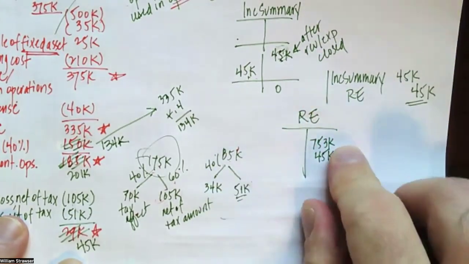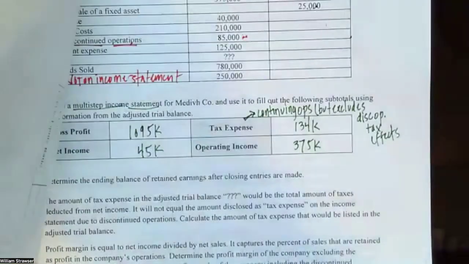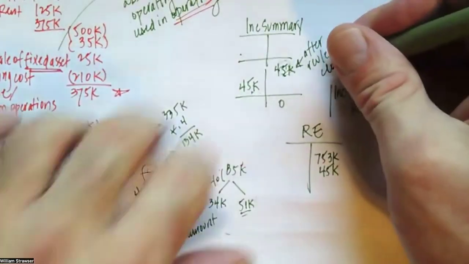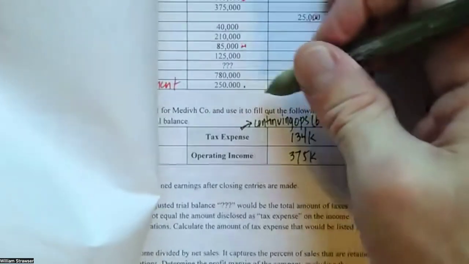So we're just shifting that income, adding it to retained earnings. And then our dividends would be closed by crediting dividends because it has a debit balance right now at 250,000 and debiting retained earnings.